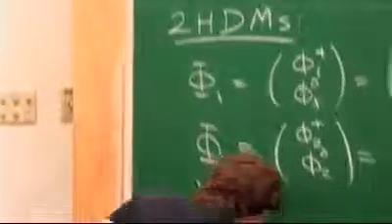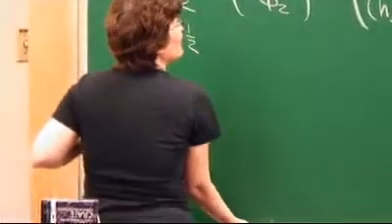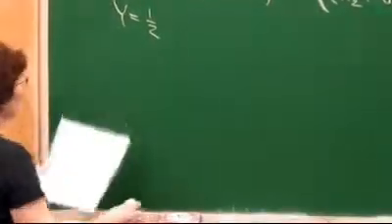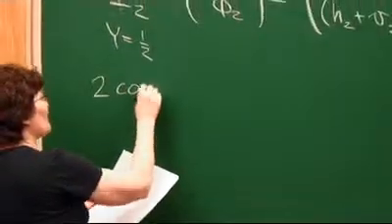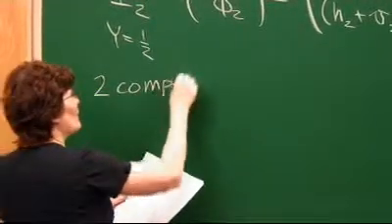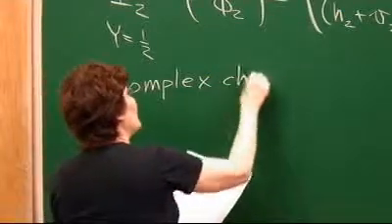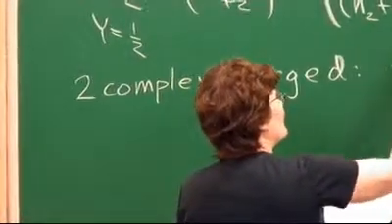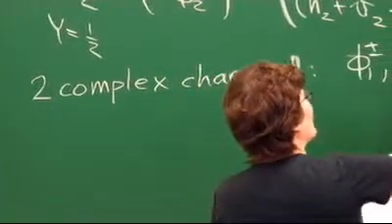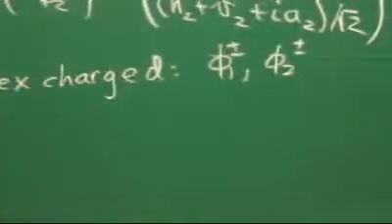Okay, so let's count the states. That's generally the first thing you want to do. So the degrees of freedom: we've got two complex charged scalars, and they're antiparticles.